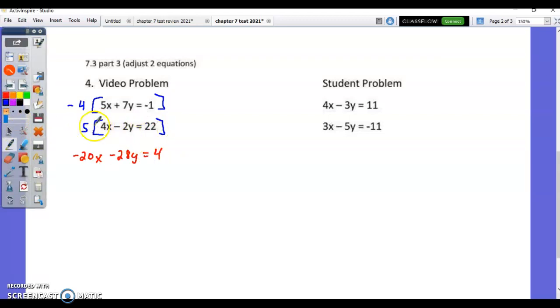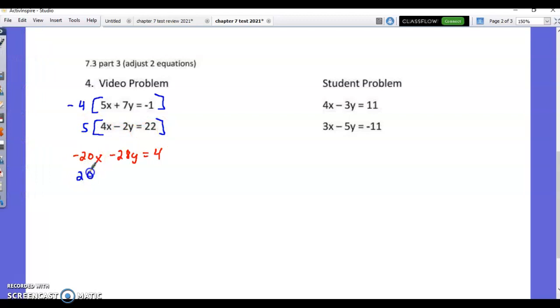When I multiply this 5 through, I get positive 20x. 5 times negative 2 is negative 10y equals 5 times 22 is 110. Now I can combine these. Those cancel out. Negative 28 and 10 is negative 38y equals 114.